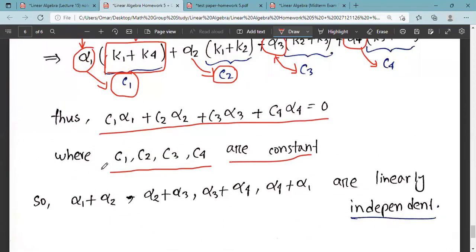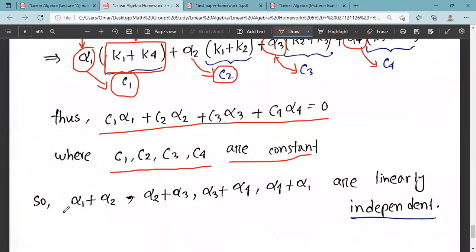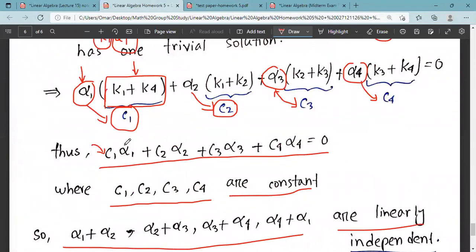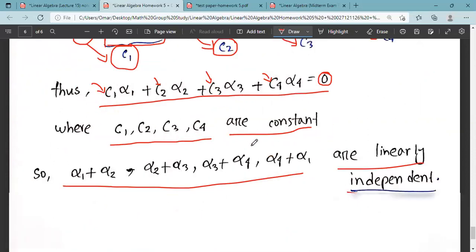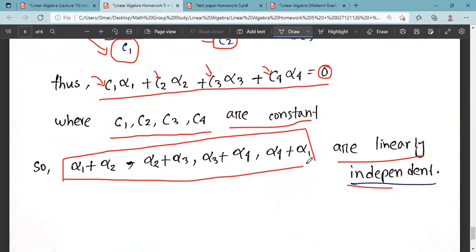So that's why, in our question, this part is linearly independent, because if c1, c2, c3 and c4 are constants and their multiplication is 0, then we can say that this whole vector set is also linearly independent.